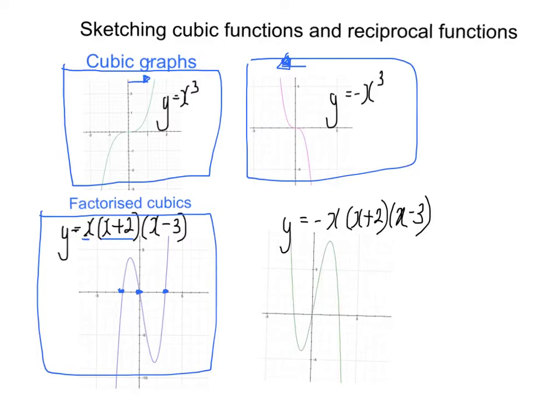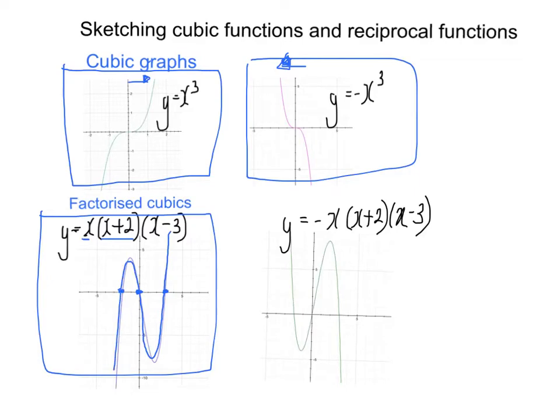So now joining these together, we know that positive x times positive x times positive x will give us positive x cubed. So it's going to be leaning forwards like this one. So we're going to draw it from this direction. We come down through the root, up and down. That's how we're going to draw it.